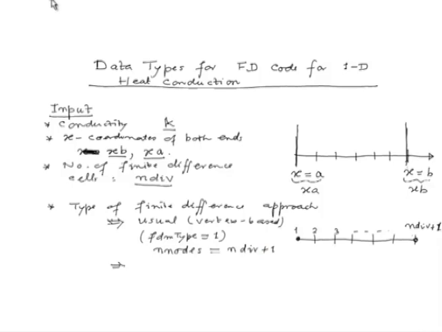Or the second approach could be our cell centered finite difference formulation. Now this we can flag off by this parameter FDM type is equal to 0, and in this case n nodes is equal to n div.